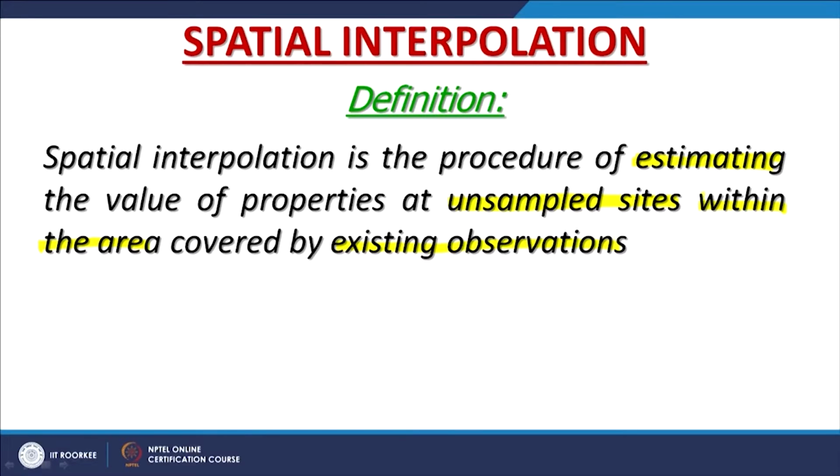Now, here if we go beyond within the areas which exist, suppose I am having an input layer like points and it has an extent, but when I do the interpolation between two input points, I exactly do the interpolation. But when I do not have any information beyond the existing observation extent, then that goes as extrapolation.